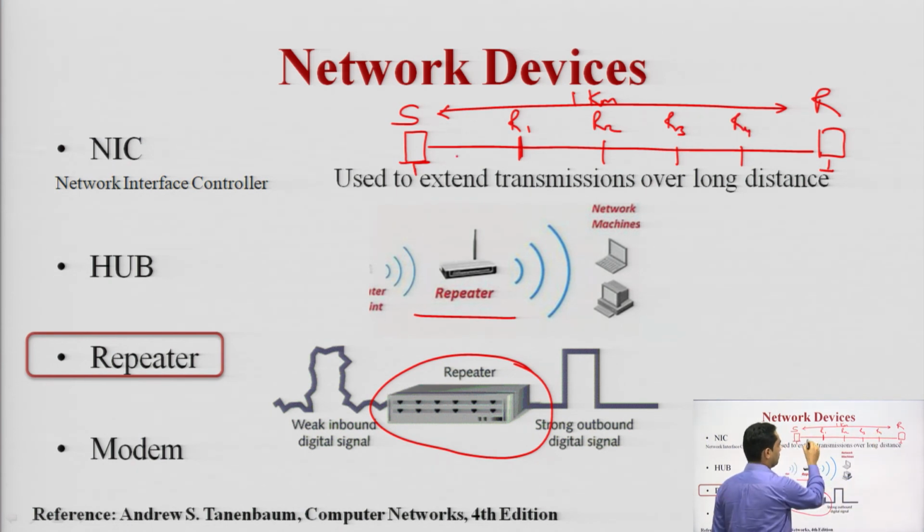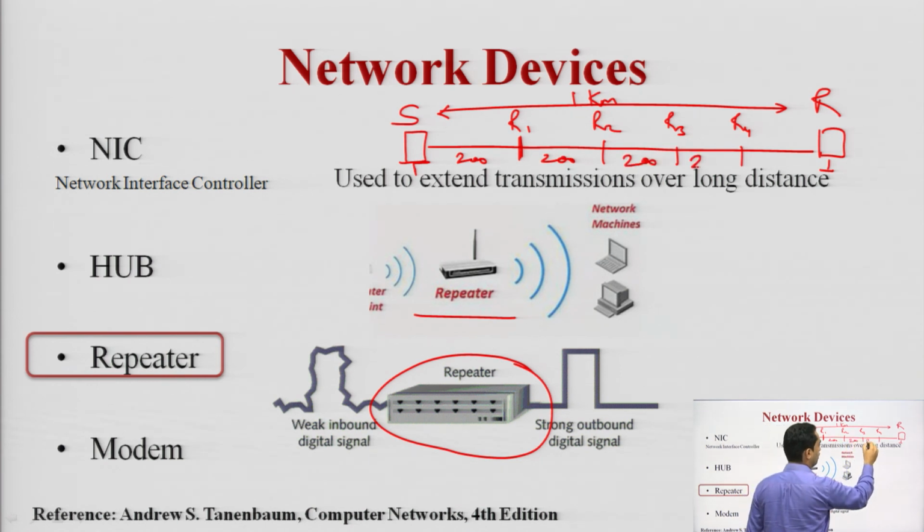The distance is 200, 200, 200, 200, 200, and finally you get your message at the receiver end. So in this case, 4 repeaters are required. This is the case for twisted pair. Similarly, we have various types of cables for sending data, and based on the cable capability and characteristics, these lengths are defined.